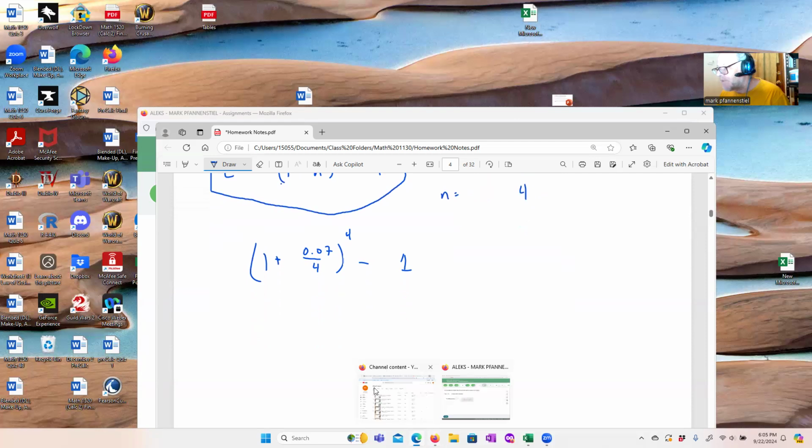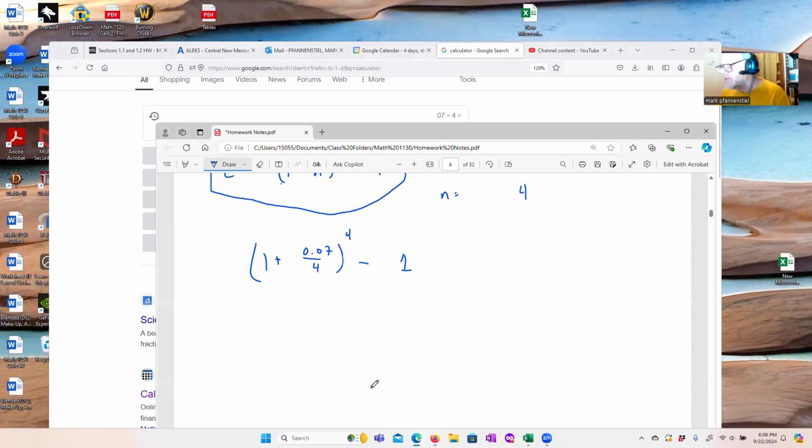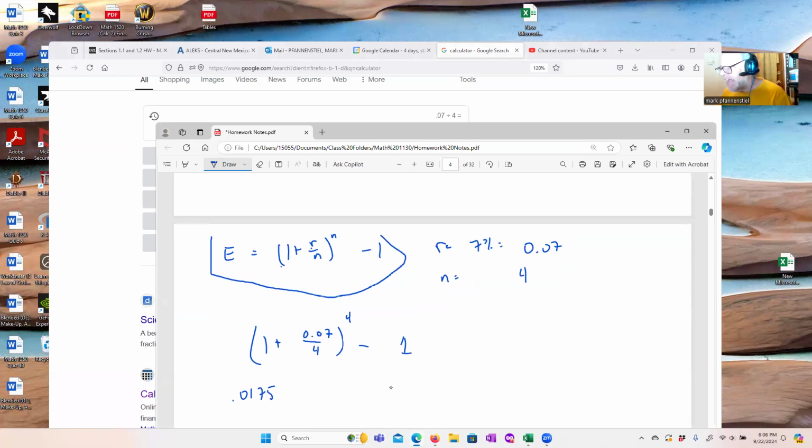Okay, we'll do that. Let's go ahead and bring up our calculator. So we want 0.07 divided by 4 equals 0.0175. Now what's the next thing we have to do? We have to add 1 to it.